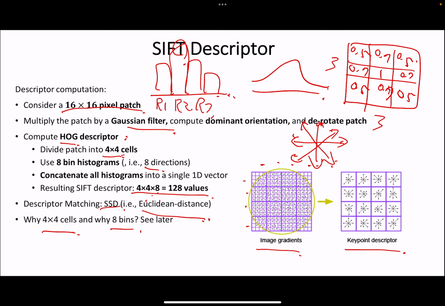We consider a 16 by 16 pixel patch, and then we apply a Gaussian filter, and then we compute the HOG descriptor, dividing the patch into 4 by 4 cells, using an 8-bin histogram, and computing the gradient. That becomes 128 numbers. That is how we compute the SIFT descriptor from a local patch.